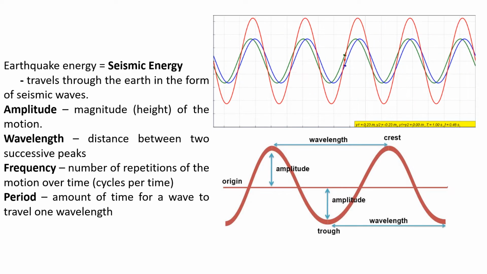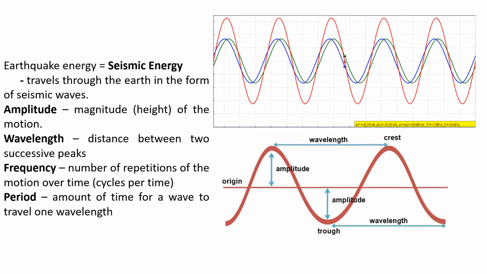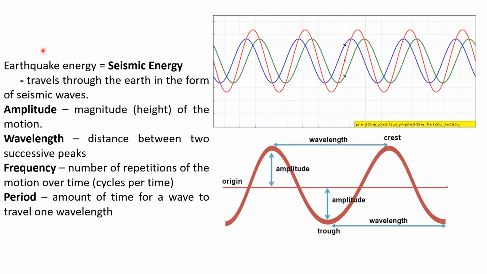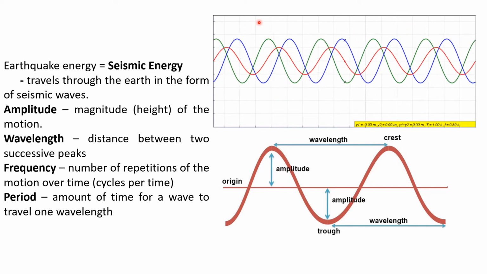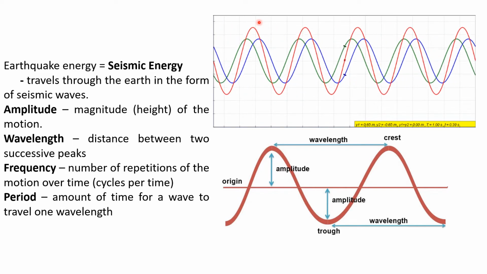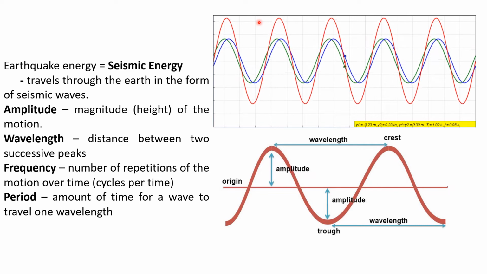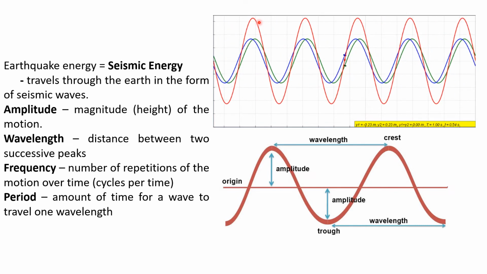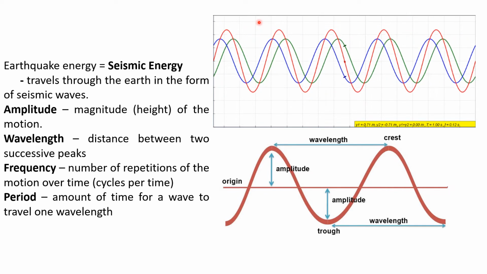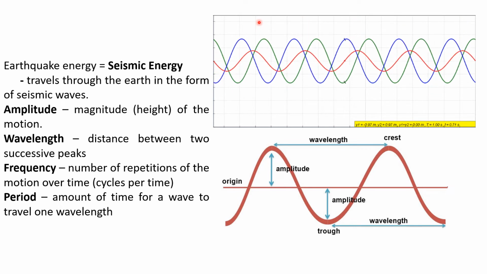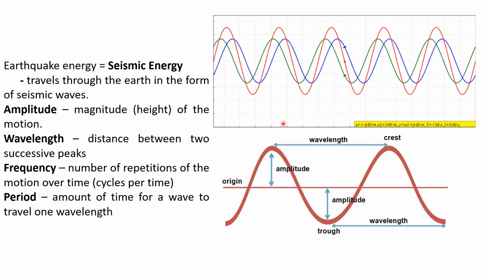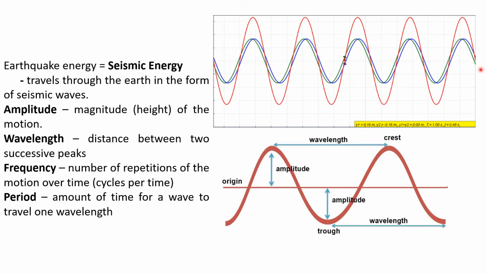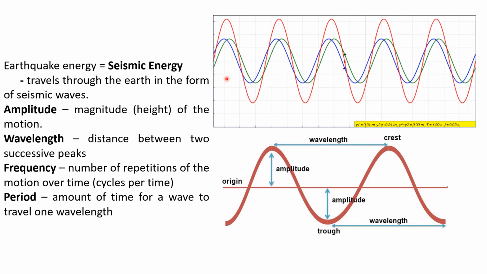Okay, so what is actually an earthquake? Earthquake energy is actually seismic energy. All right. And it travels through the earth in the form of seismic waves. To understand some of the basics of earthquakes and how they are measured, consider some of the basic properties of a wave. As you can see here, there are one, two, three waves.